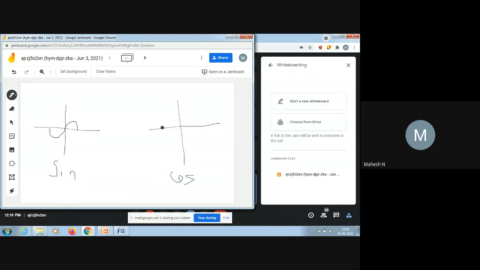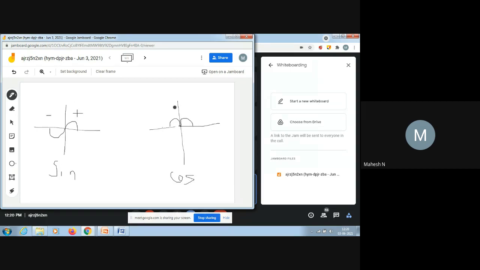Your cos function waveform looks like this. So this is minus, this is plus.